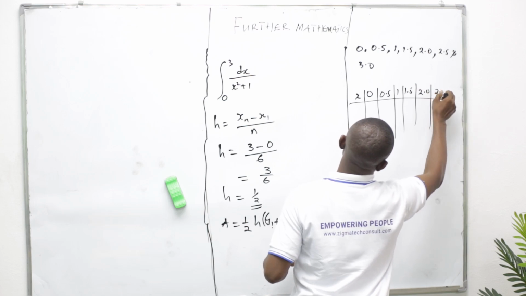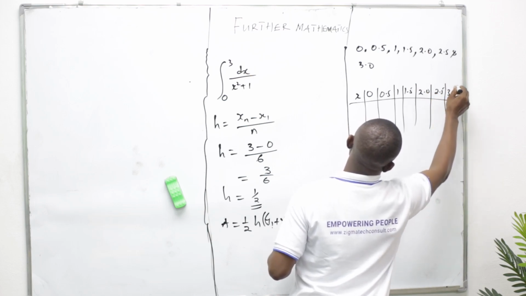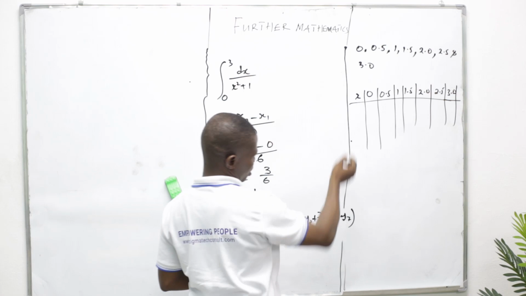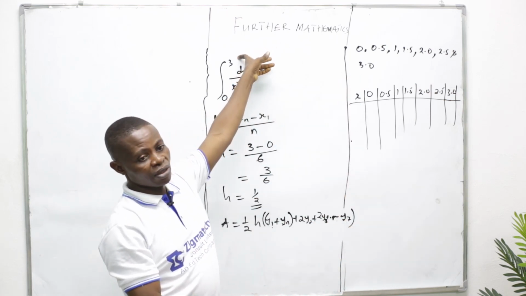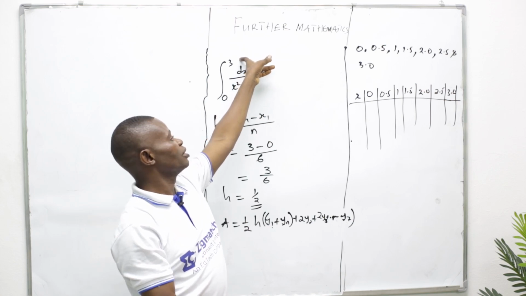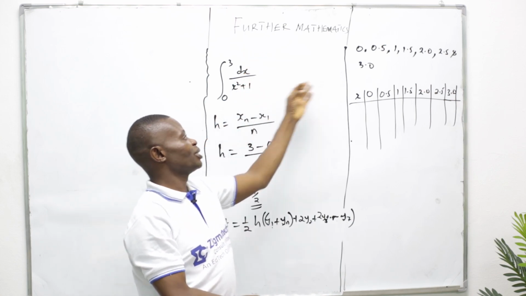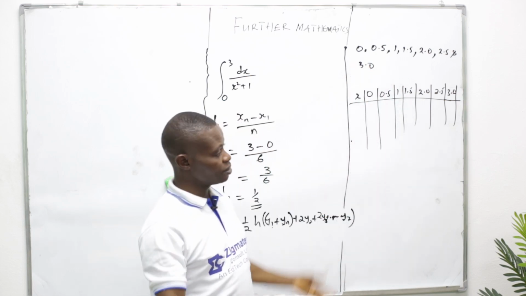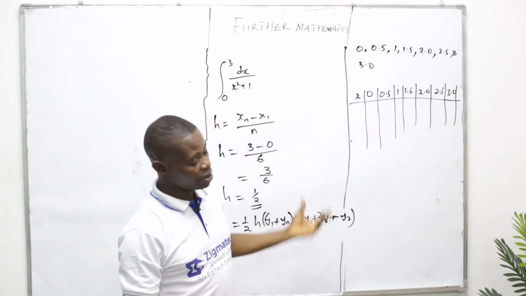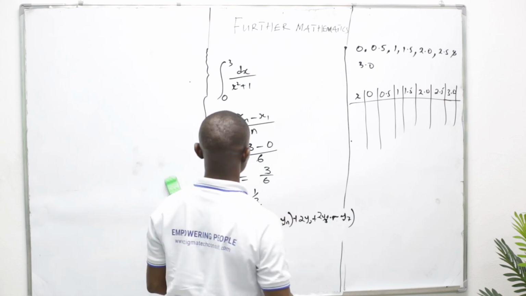Next, 2.5. Next, 3.0. Do you know the reason why I have to stop at 3? Back to business. Uppercase is 3, lowercase is 0. When you count 1, 2, 3, 4, 5, 6, 7 ordinates, you can see it's correct. Now let us proceed.